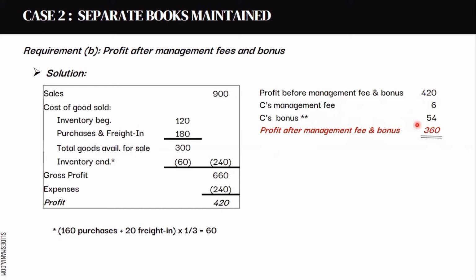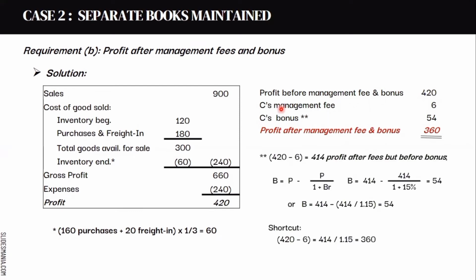But how did we get the bonus? Like earlier, we use the formula, which is P minus P divided by 1 plus BR. P stands for profit after fees but before bonus, this one, and BR stands for bonus rate.